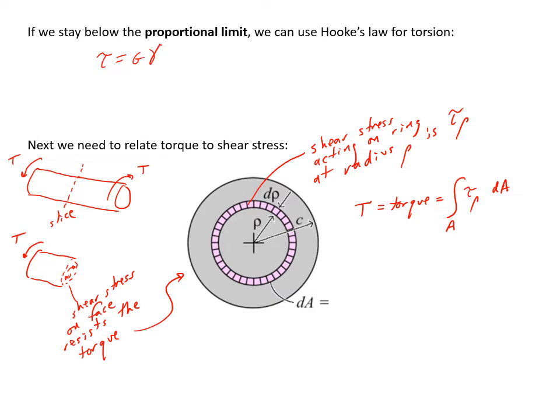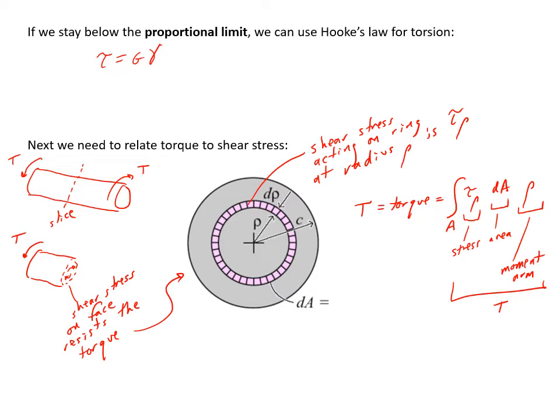That's actually only going to give us a force, right? Because this is a stress, and this is an area. So we also have to multiply by a rho in order to get a moment arm, right? So all of those things together will give us a torque. And if we integrate over that whole face that we see there, then we'll get the total torque as it relates to the shear stress.